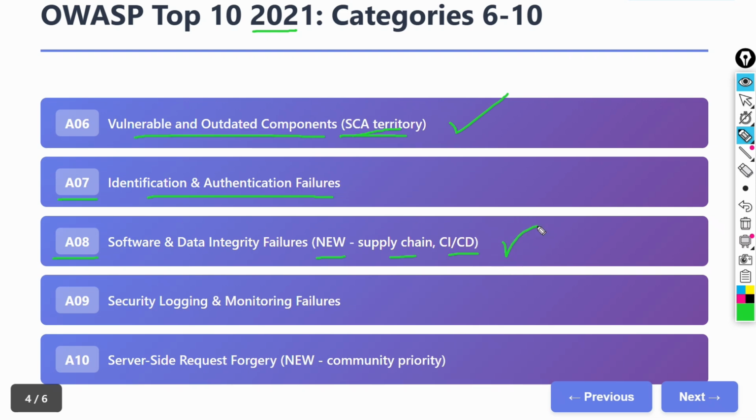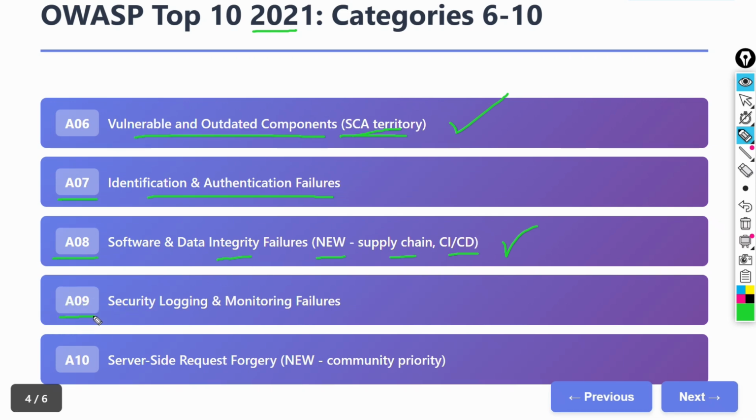For a non-technical example, imagine you are ordering medicine, but somehow the pills you ordered are swapped by someone in the middle of the delivery. The package looks the same, but the content inside is something else. It might be dangerous also. That's why data integrity checks are very important, and they check whether the pipelines or the supply chain are secure.